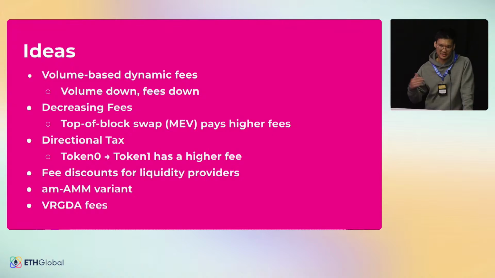As a bidder, you bid to be able to set that dynamic fee, and some variant of that applies here. And then lastly, the VRGDAs from Paradigm, where you have a decaying auction that can also increase in price, dependent on demand and volume. So those are some cool ideas related to dynamic fees.